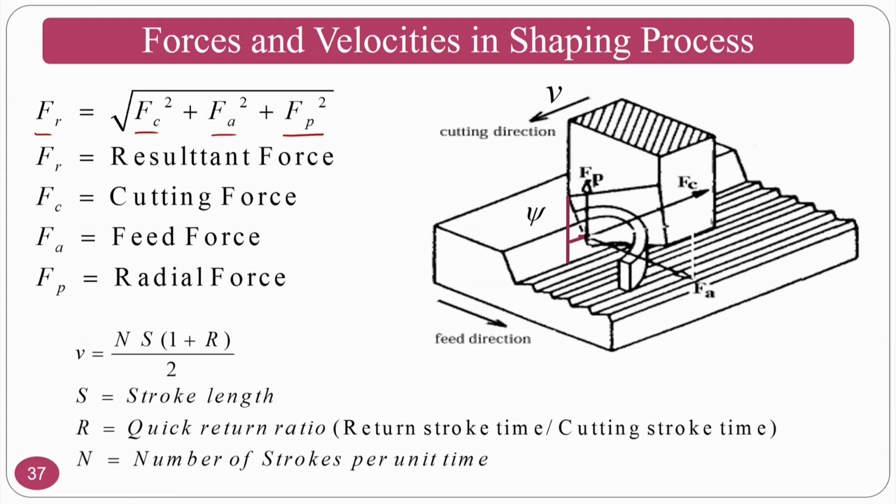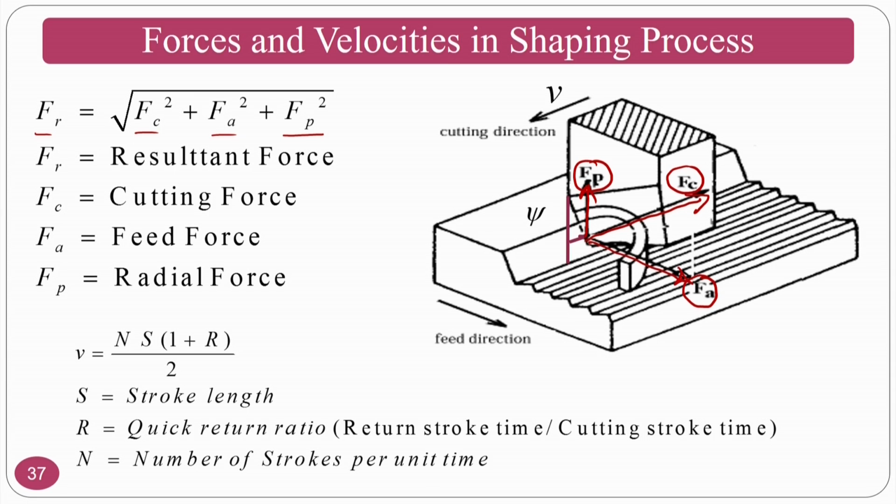You can see here FA is in this direction, FC is the cutting force, FP is the radial force, and the feed force is in this direction. Three forces are there, and the cutting velocity will be given to the tool.